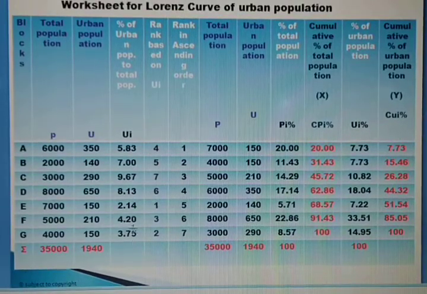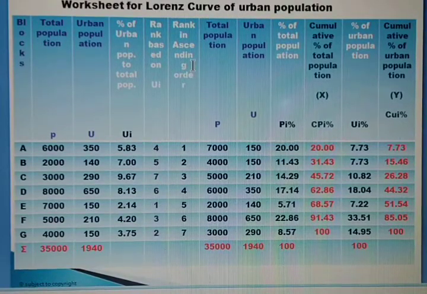This is the lowest value, 2.14, then 3.75, then the third one is 4.20, and the fourth one is 5.83. So first calculate the ui, the percentage of urban population, and rank it in ascending order.